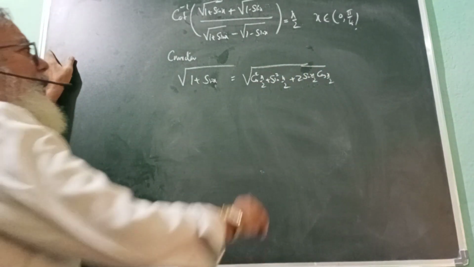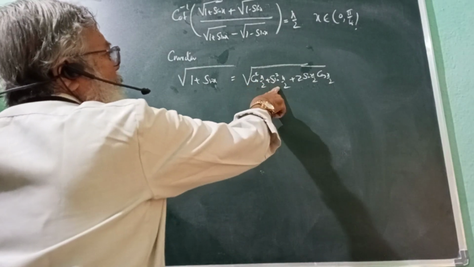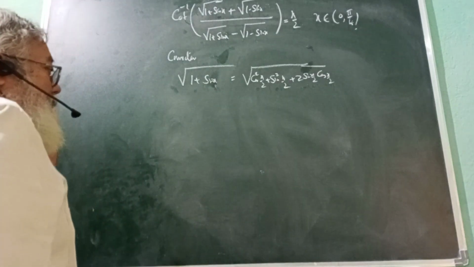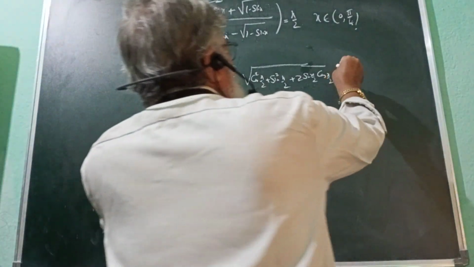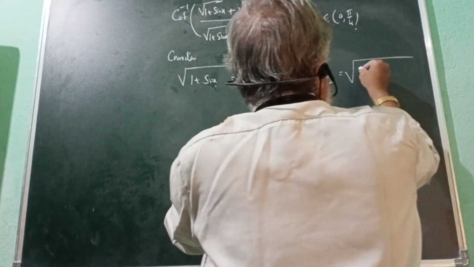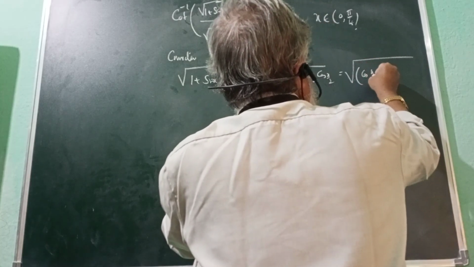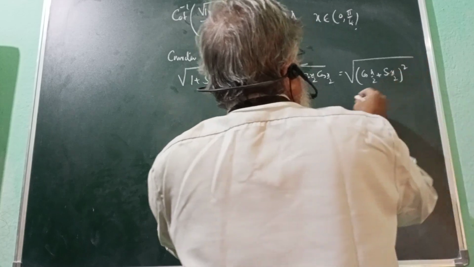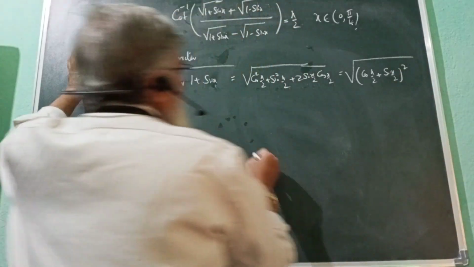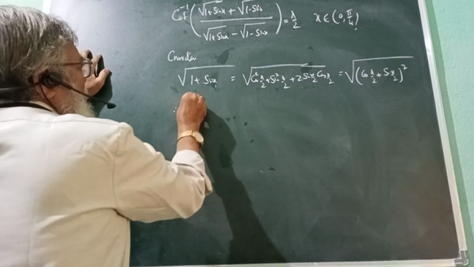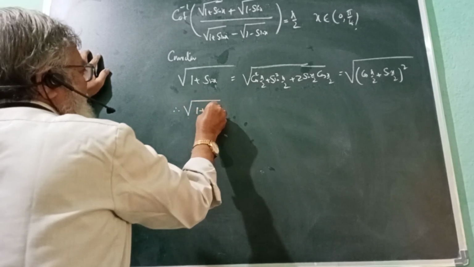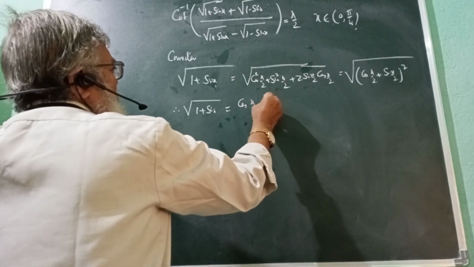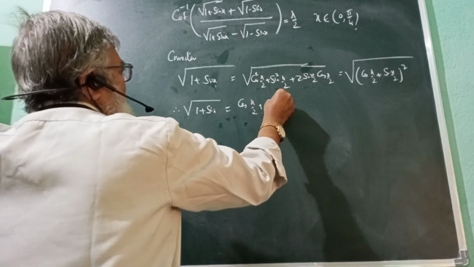Now see carefully what it is. It is nothing but a square plus b square plus 2ab, that is equal to a plus b whole square, and the root will be removed. Therefore root 1 plus sin x can be written as cos x by 2 plus sin x by 2.